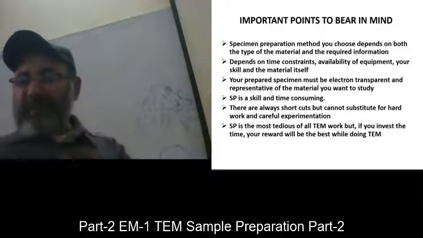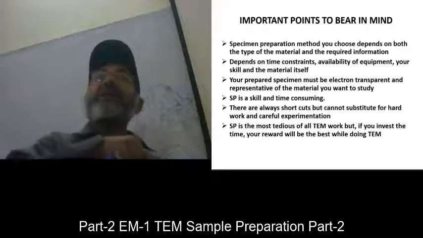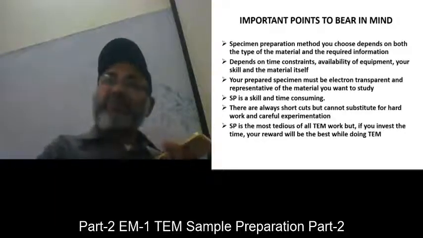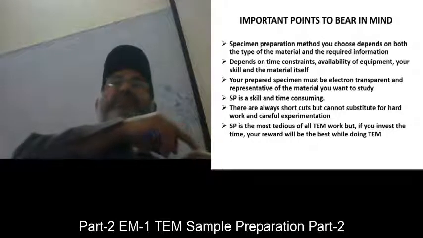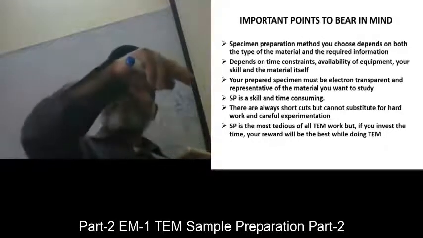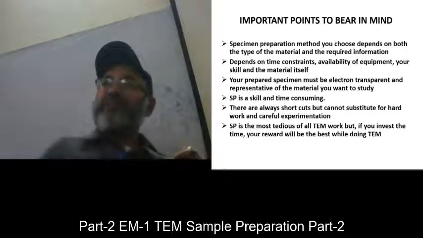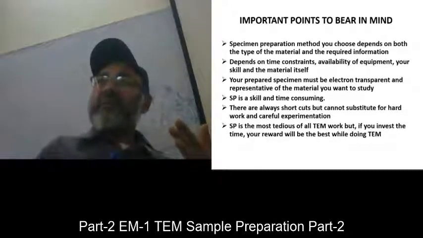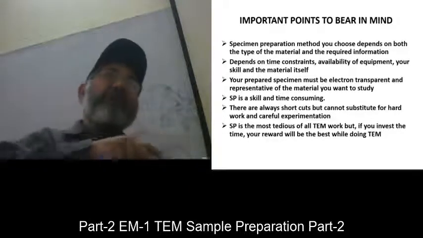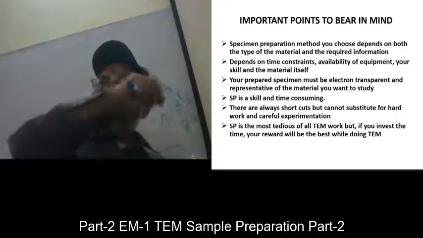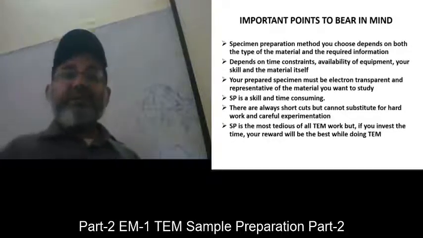I told you that if you focus the beam here and the crystal is thick, you will not be able to have a transmitted beam. You will have to come to the edge. On the edge, there is a possibility that you have a transmitted beam as well as the diffracted beam, and some sort of diffraction pattern will be formed there. But if the sample is really thin, then anywhere in the crystal you can focus the beam and get the diffraction pattern, right?